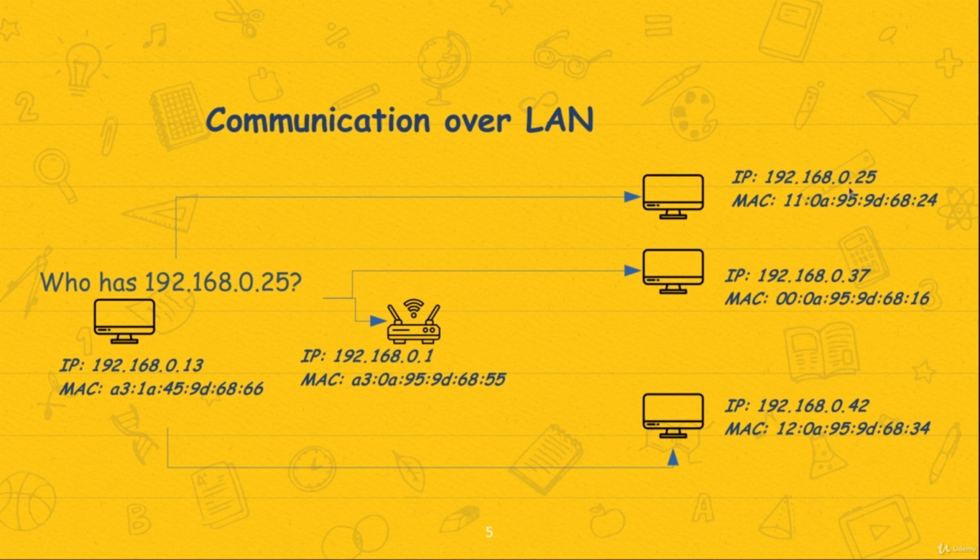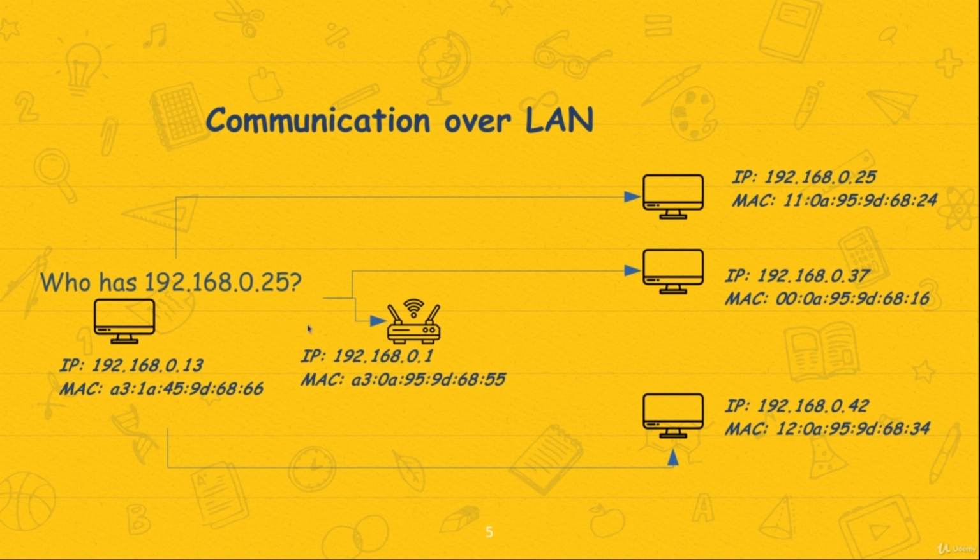Once the request has reached each device, every device will verify this request against its own IP address. It checks if the request's IP address is the same as its own machine's. Similarly, the router will do the same, and this machine will do the same. Once verified, this will return false because 192.168.0.1 is not equal to this value, and similarly this will return false and this will return false, but this will return true because this value is the same as this one.